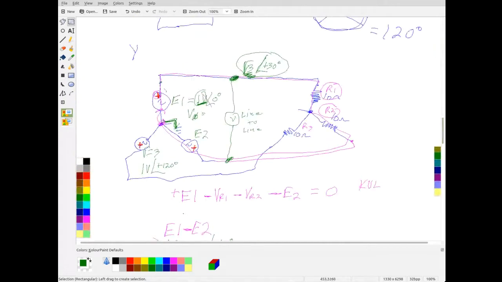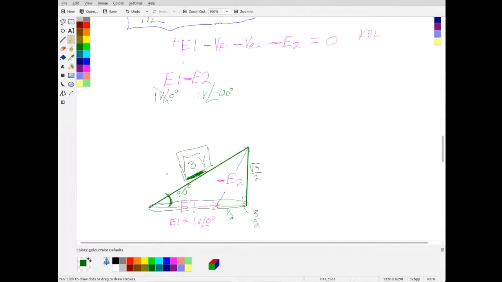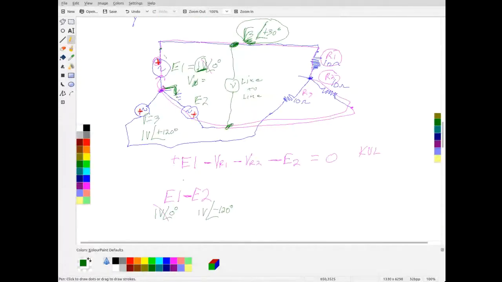When we look at this, my drawing gets so messy. But when we look at this, you have these line voltages. Let's call them line A, B, and C. Usually they use these references here.